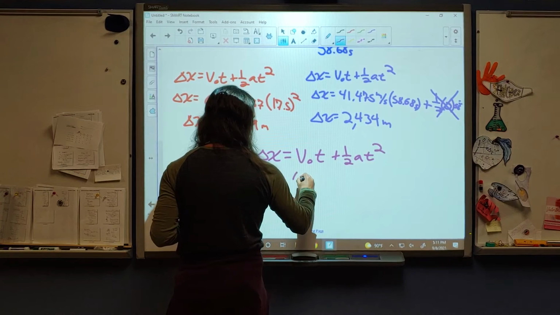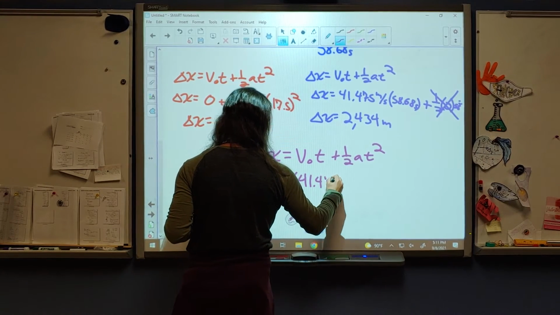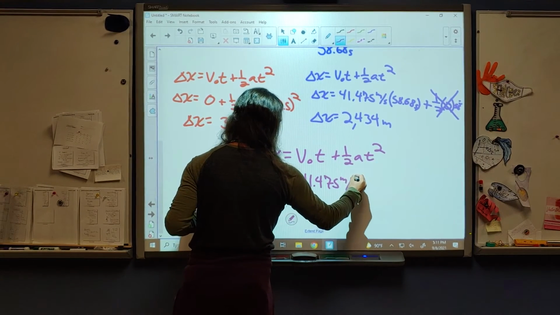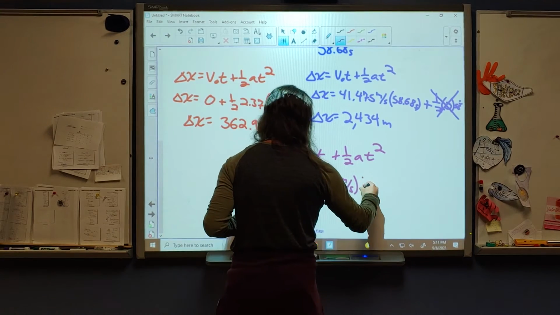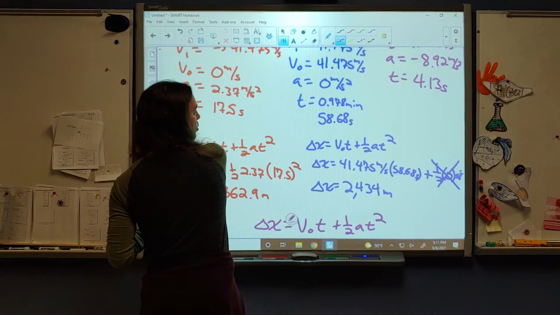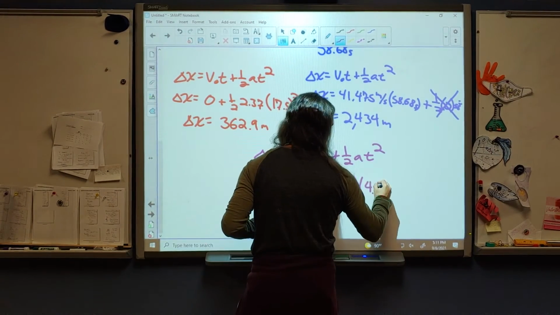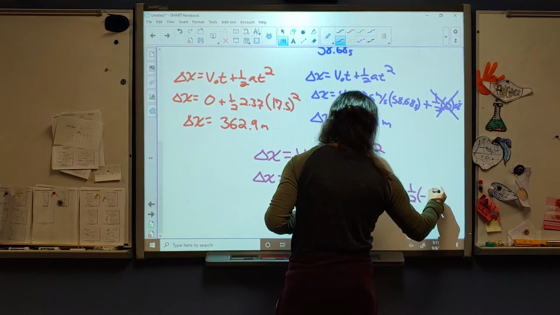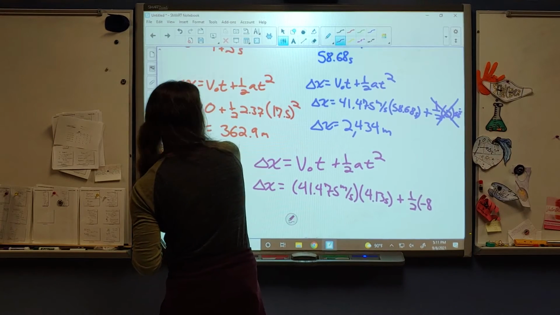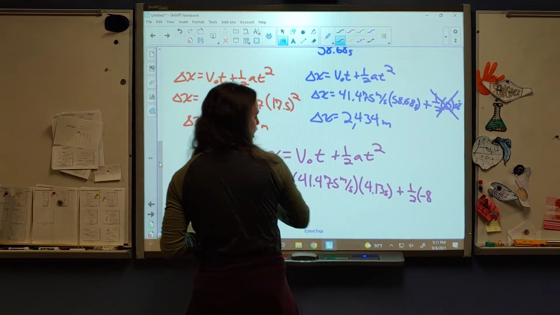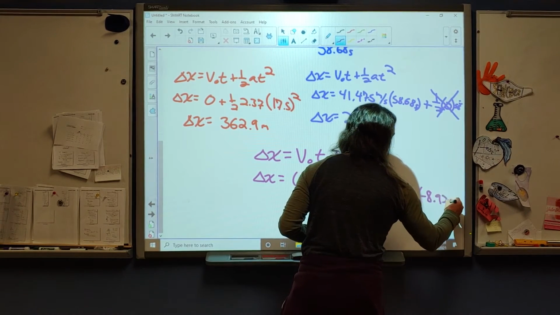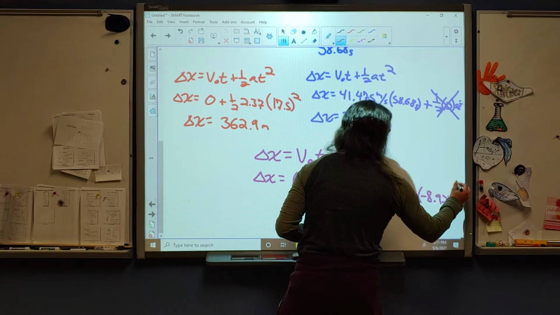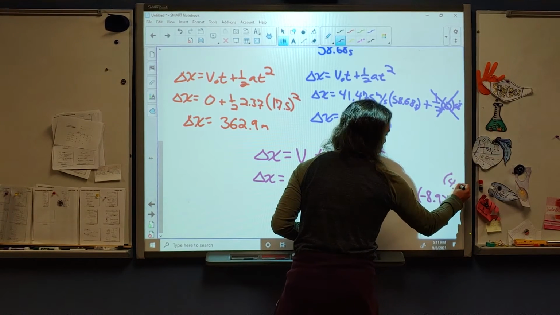Our initial velocity, we said, was 41.475 meters per second at the beginning of the purple section, times our time, I believe it was 4.13 seconds, plus 1/2, our acceleration was negative 8 something, I think, negative 8.92 meters per second squared, times time squared, which was 4.13 seconds, quantity squared.